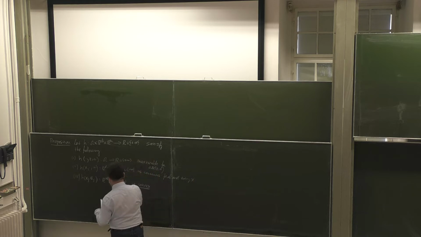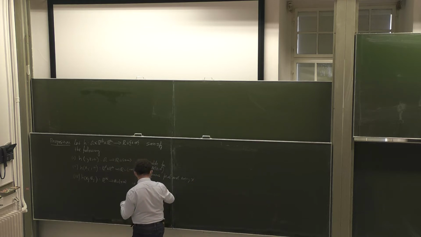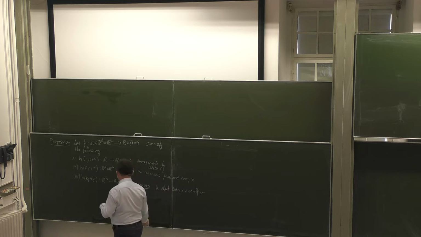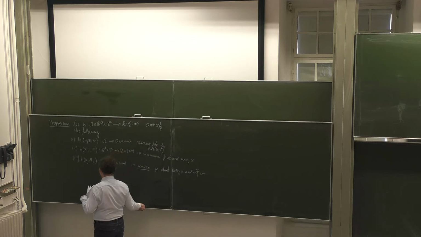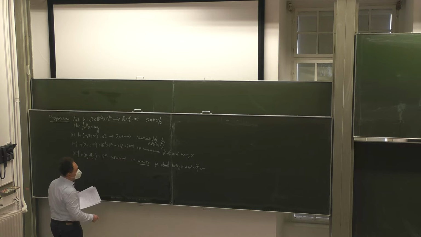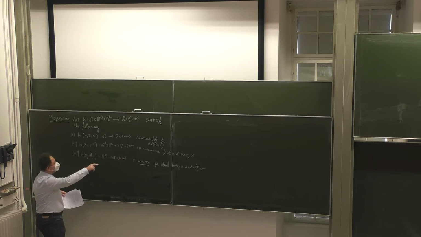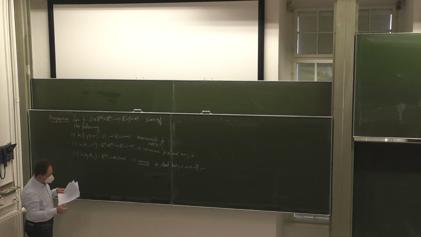And this is for almost every x and all v. So we have these main assumptions: convexity in the last variable, continuity in the last two, and measurability in x. So it's like a Carathéodory integrand if you want.